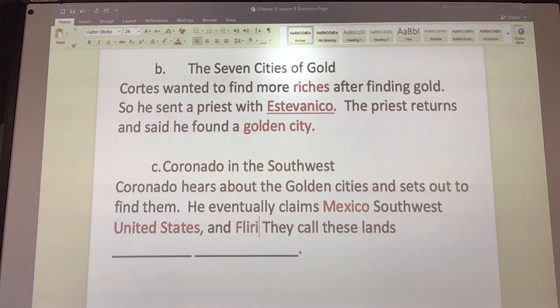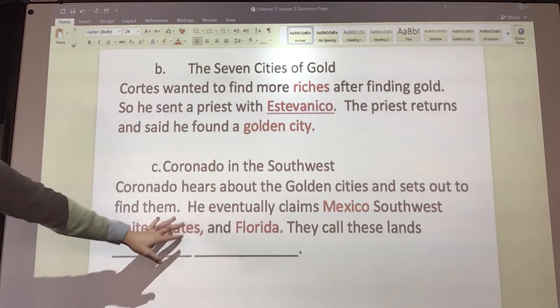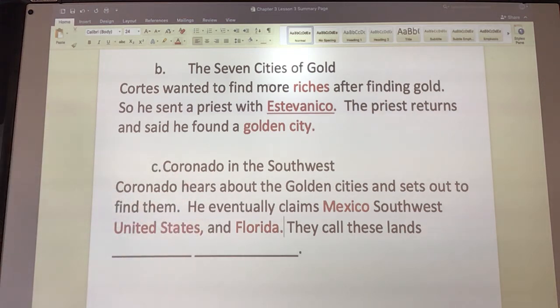Florida. So all of those were places we've already talked about, right? So Coronado comes in and claims them kind of again for Spain, or maybe officially, because what does he call these lands? He comes in, he claims them again, and officially calls them what, Emmy? Officially calls them New Spain. New Spain.